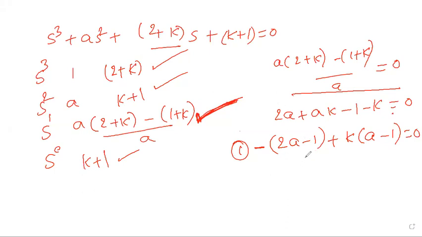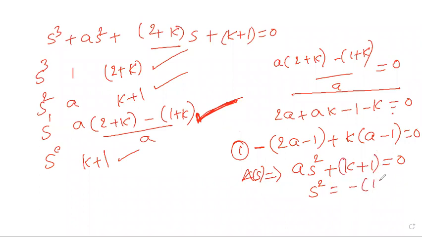It is a s square plus (k plus 1) equal to 0. From this, what is s square? Minus (k plus 1) divided by a, isn't it?